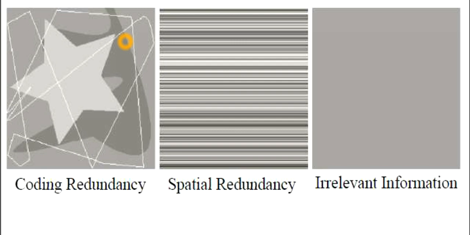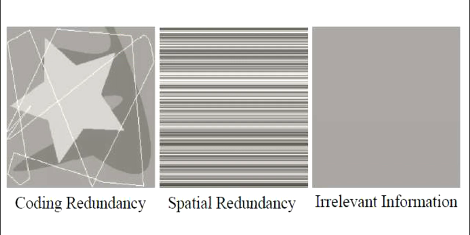You've seen that we have coding redundancy, spatial redundancy, and irrelevant information. The first picture represents coding redundancy, the second one is spatial redundancy, and the third one is irrelevant information.